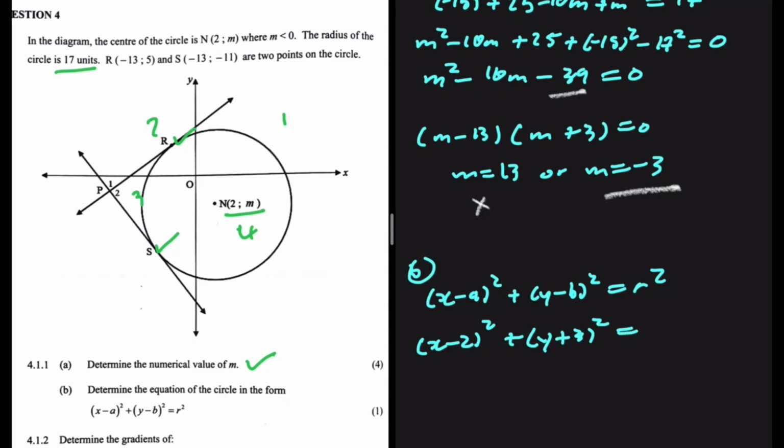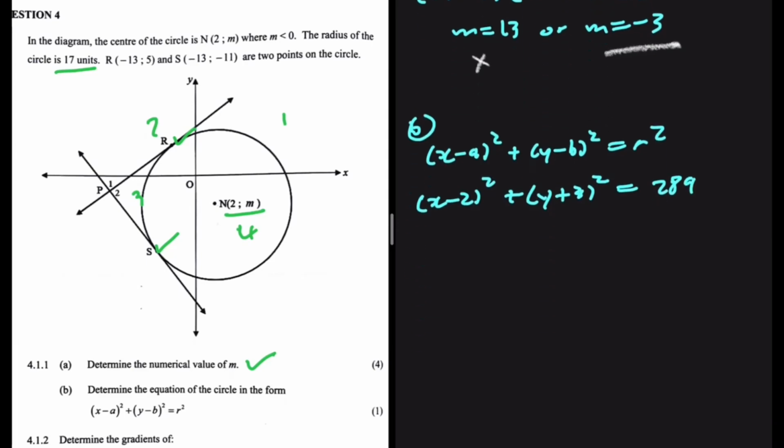We know that our radius is 17 units. So we're going to have 17 squared. What is 17 squared? That is 289. So instead of writing 17 squared, we can write 289. And this is the equation of our circle.